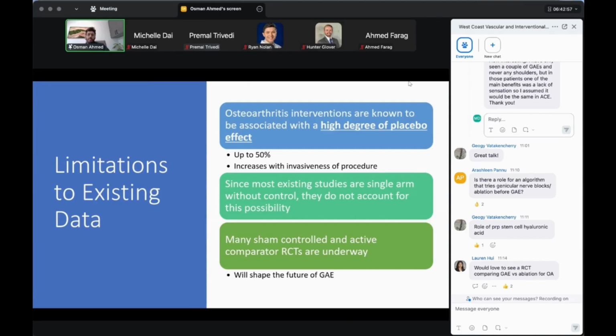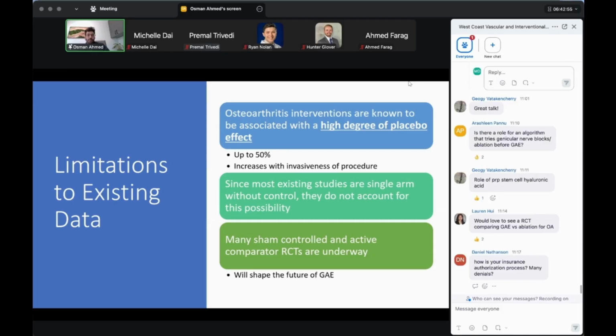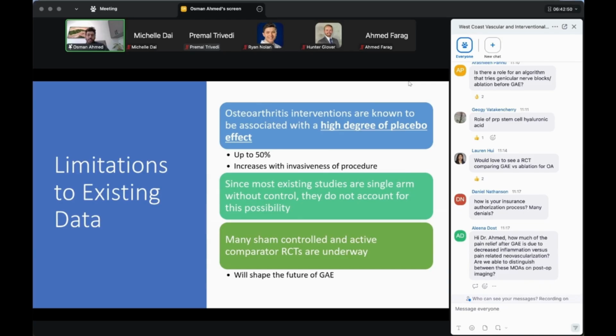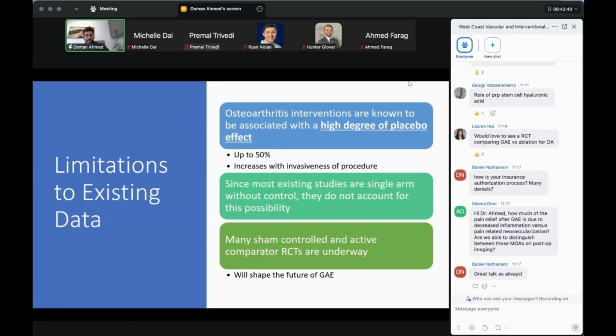So in order to validate this, we really need sham-controlled studies as well as studies that compare GAE to what we consider standard of care therapies. Fortunately, there's a ton of these underway. And I think in the next couple of years, that's really going to shape the future of GAE in terms of guideline incorporation and making sure insurers pay for this procedure.